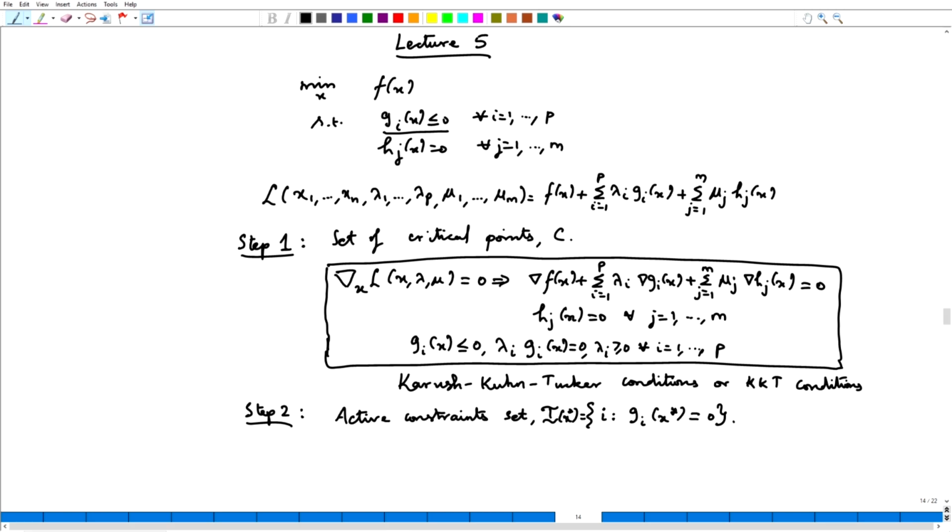Now, I am going to construct a set called the tangent space.